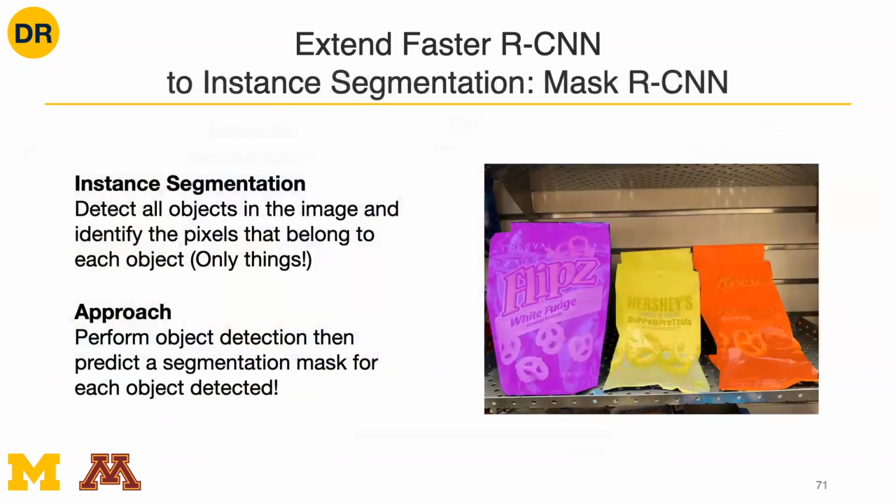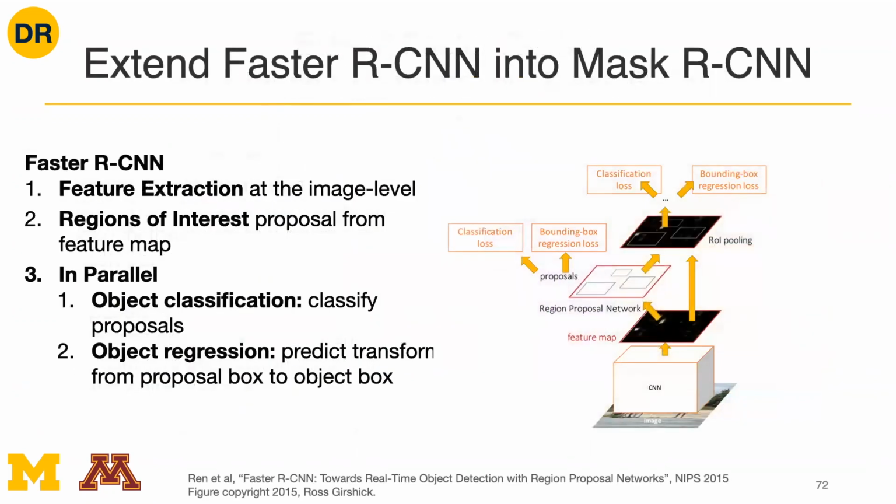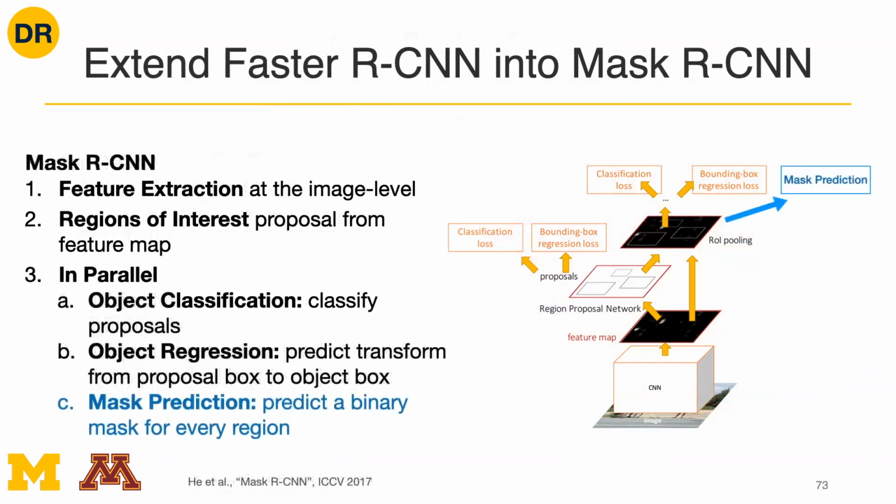Okay, so the approach, as I said, is you do detection followed by segmentation for each detected object. So it's very simple. You just add one other readout network that uses your regions to do the segmentation.